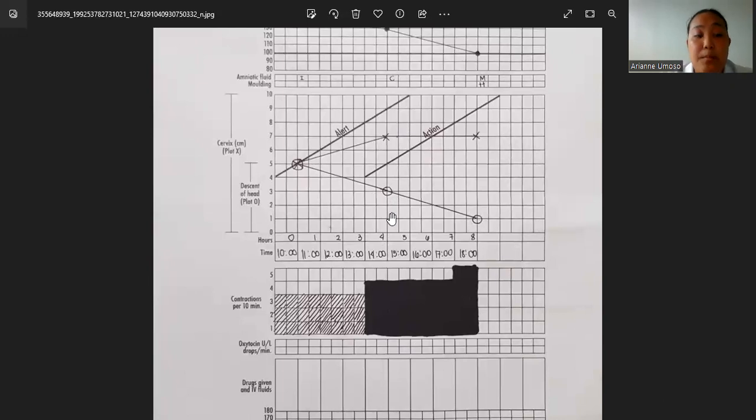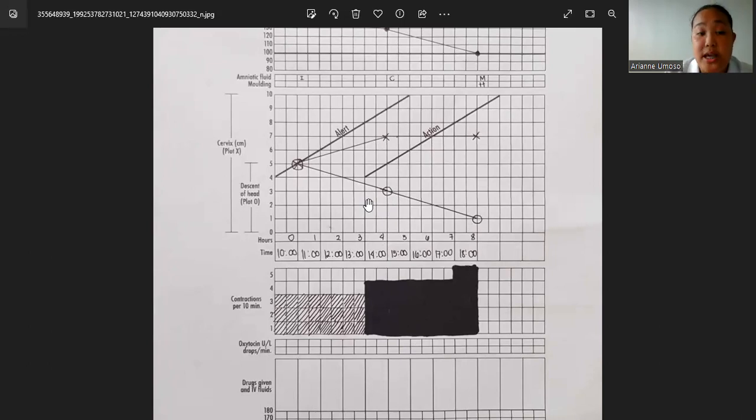The progress of dilatation must be 1.5 cm or more since she is multipara, but her progress during 4 hours is 2 cm only, which means the progress of dilatation is only 0.5 cm per hour. Then the descent of the head must be 2 cm or more since she is multipara, but after 4 hours, it's only 2 cm.